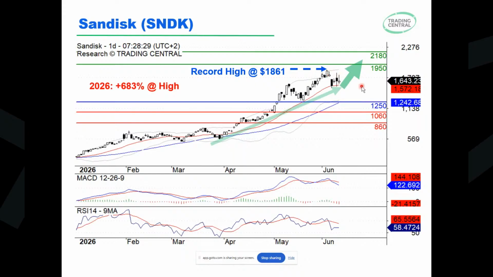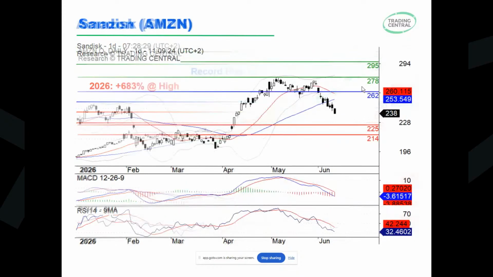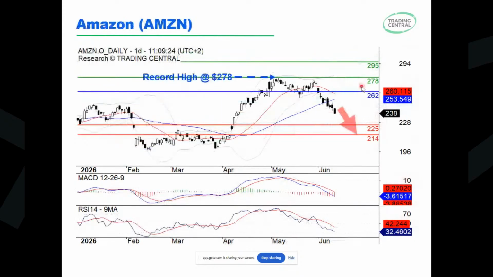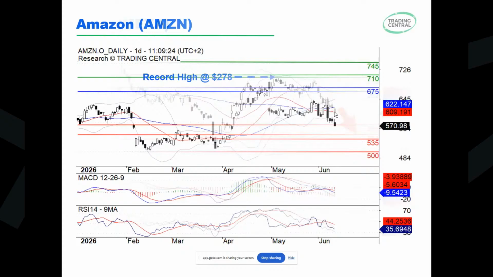Have a look. Okay. Now, how about other tech giants, the traditional tech giants? I can say that they lag behind those AI and chip stocks I just mentioned. For example, Amazon, just like a double top, and in May it made a record high here, 278, and then double top and getting down. How about Meta?